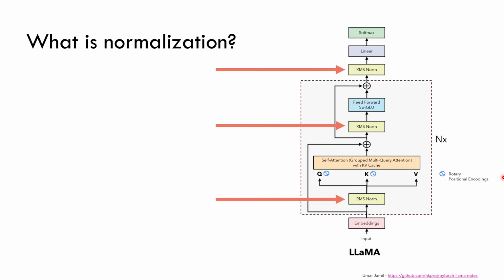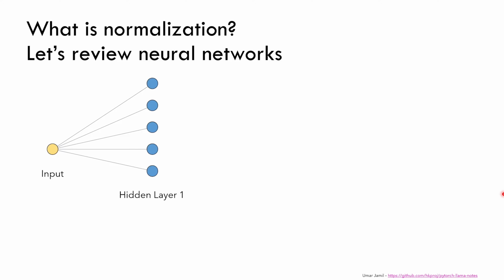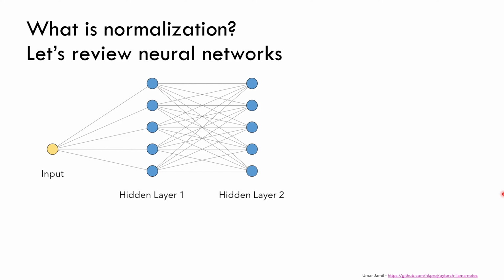Now let's check what normalization is, because this is the layer right after the embeddings. And for that, let's introduce some review of the neural networks and how they work. Suppose we have a feed-forward neural network with an input, a hidden layer made of neurons, another hidden layer made of another 5 neurons, which then maps to an output.